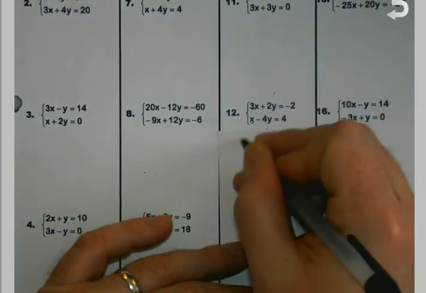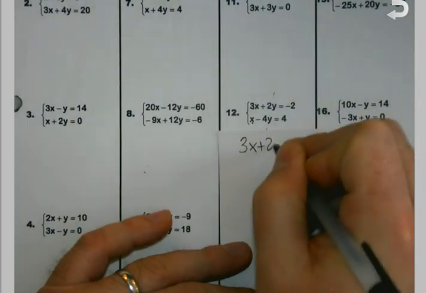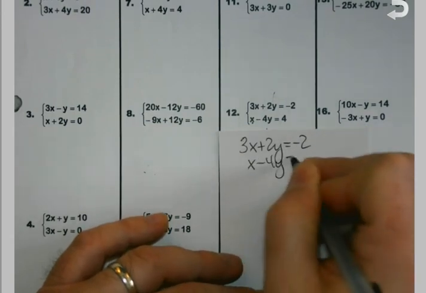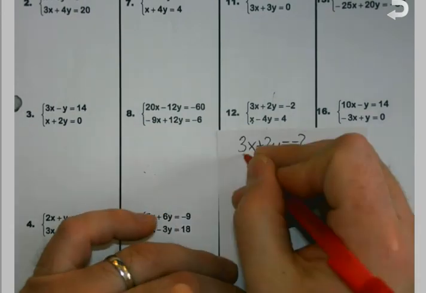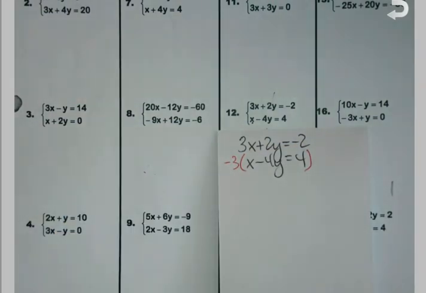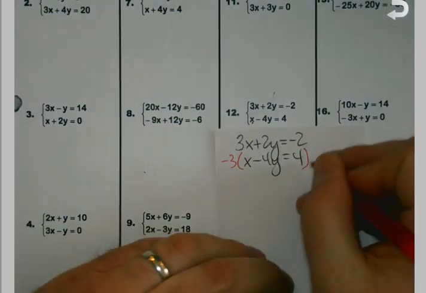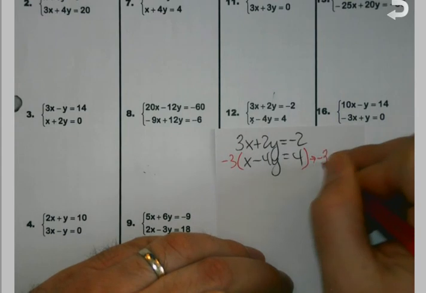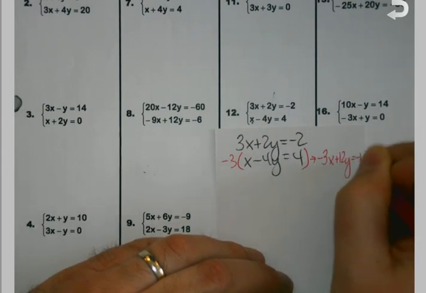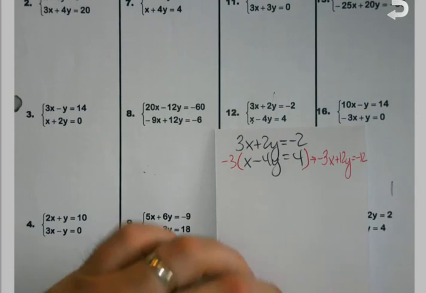Okay, so let me recopy this quick. Okay, so that bottom one we're going to do by negative 3 because we're going to be canceling out the x's.